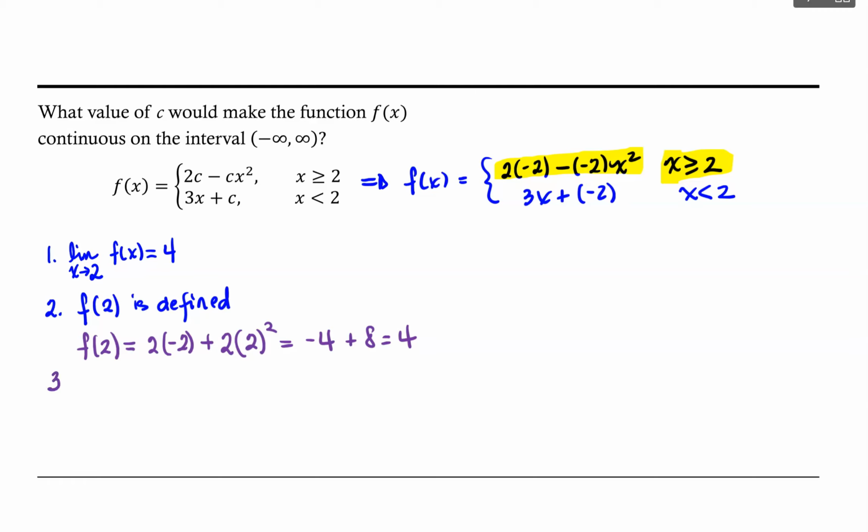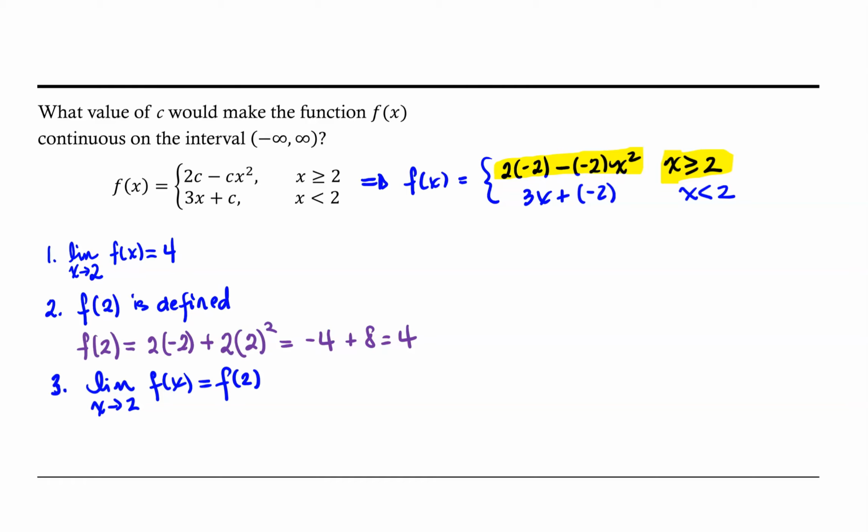Now, our third criteria to ensure continuity is to ensure that the limit as x approaches 2 of f of x equals f of 2.